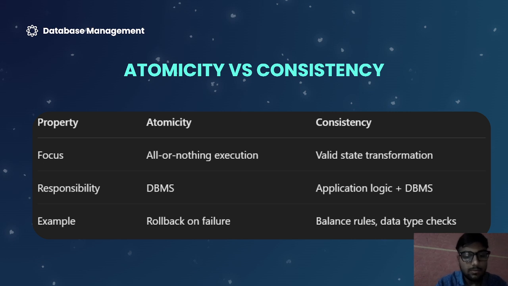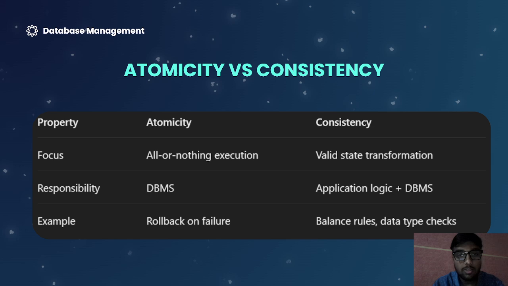So let's talk about the atomicity versus consistency difference, which is very important. Atomicity focuses on all or nothing. Consistency focuses on valid state transformations.